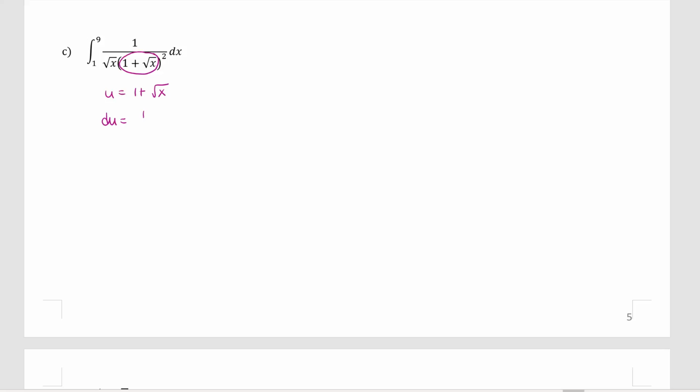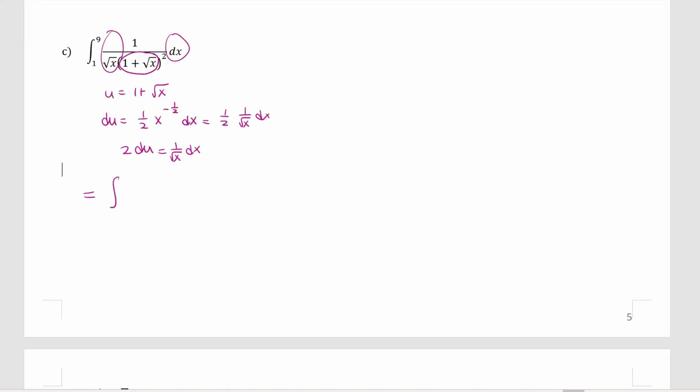So that is 1/2 x to the -1/2 dx. Well, that's the same as 1/2 and 1 over square root of x dx. So, you can see in our problem, we have 1 over square root of x dx. So 1 over square root of x dx is 2 du.